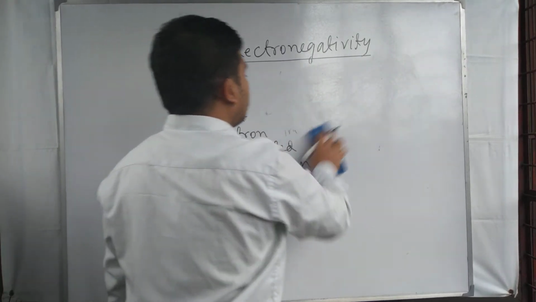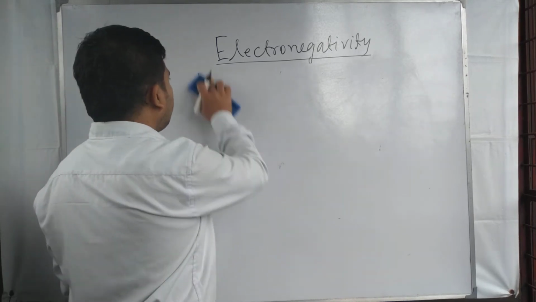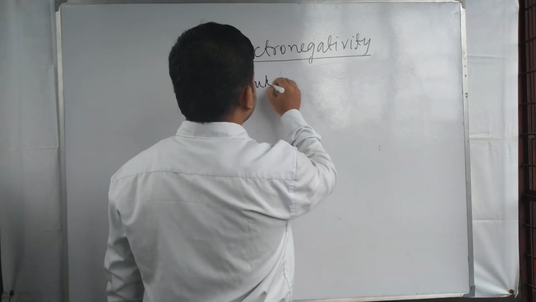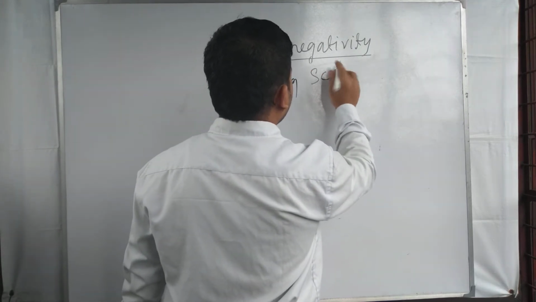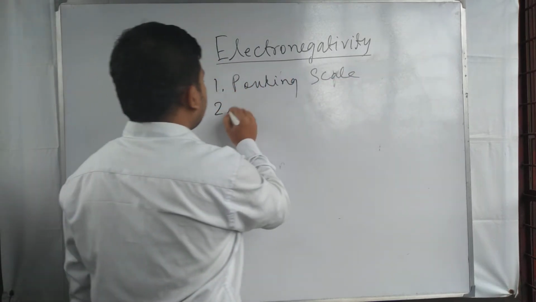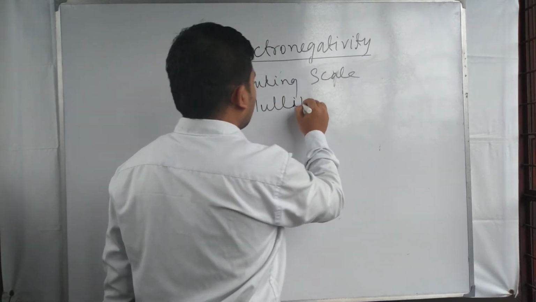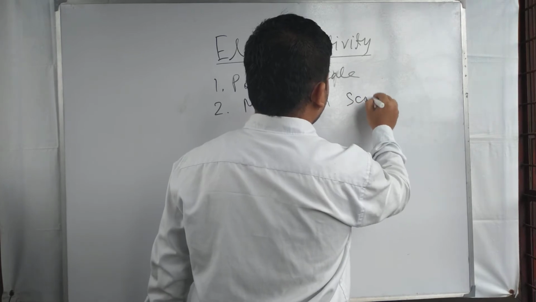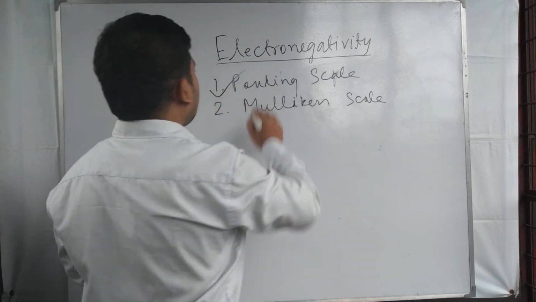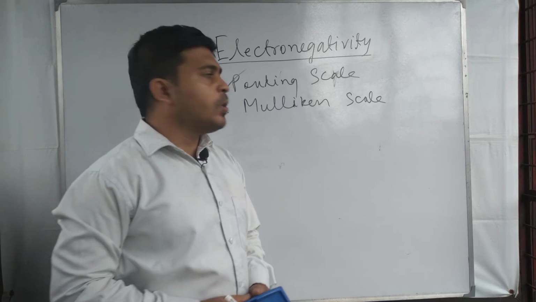Electronegativity is totally a qualitative idea, and it is given by two scales: the Pauling scale of electronegativity, and the second scale is the Mulliken scale. In chemistry we use the Pauling scale in most cases to measure electronegativity values.